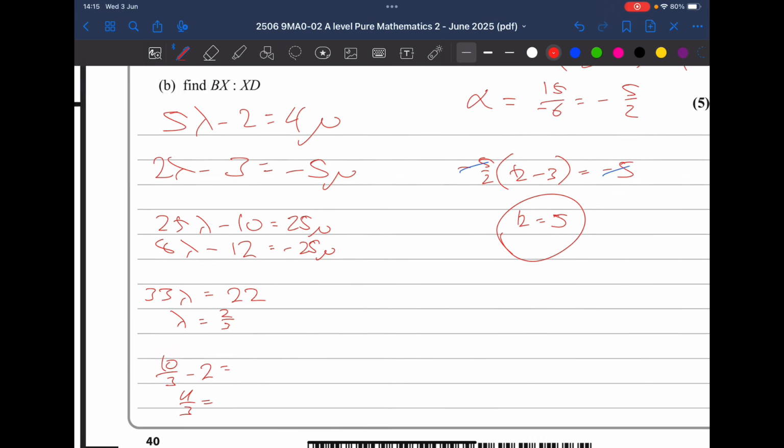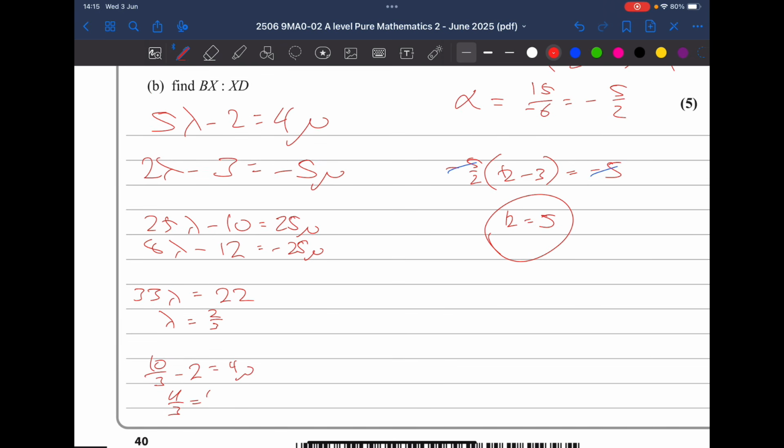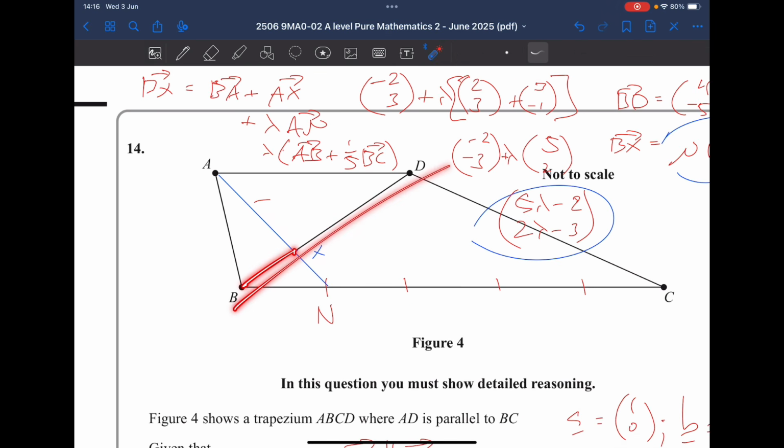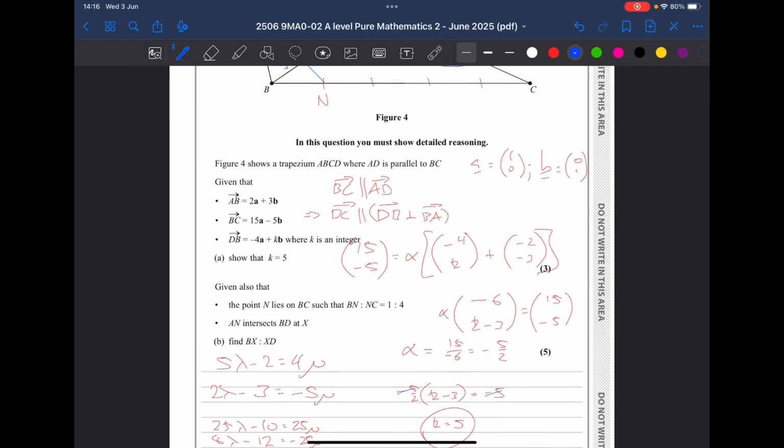And that is equal to 4 mu. So mu is 1/3. So if we look at this line, this is 1/3 of the whole thing. So this is 1/3, this is 2/3. So the ratio must be 1 to 2.